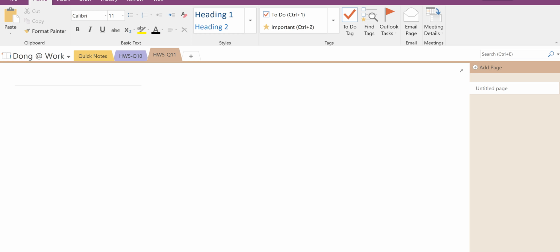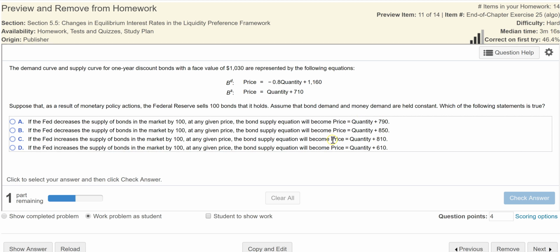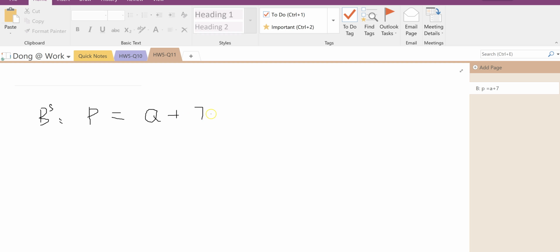So once you have that, let me write that down. First, this is the supply curve, B superscript S: P equals Q plus 710. You can move that 710 to the other side and change the sign.